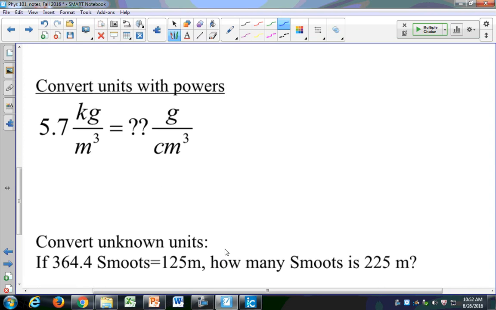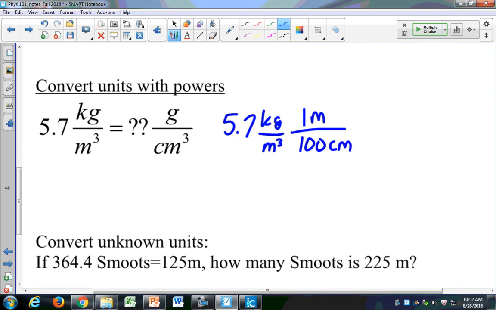Students sometimes have trouble with this, converting units with powers. Let's say that I have 5.7 kilograms per cubic meter, and I want to convert it to grams per cubic centimeter. I know in 1 meter, how many centimeters in 1 meter? 100, right.